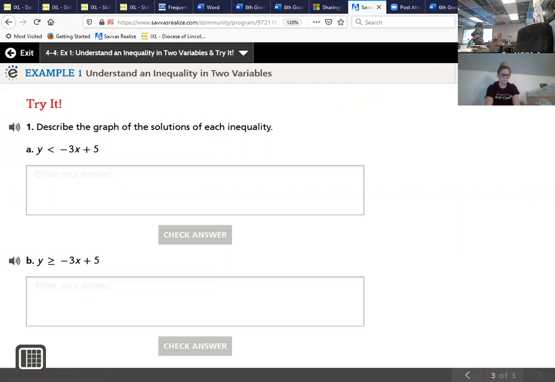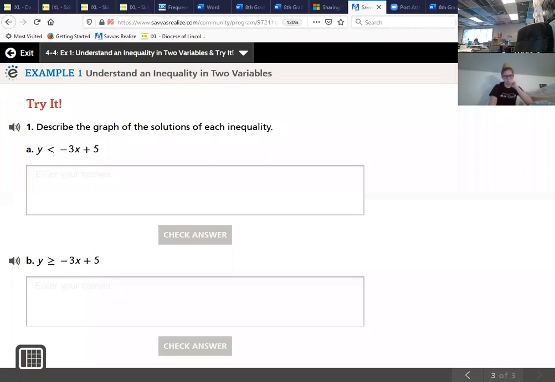Y is less than negative 3x plus 5. My line would be negative 3x plus 5.